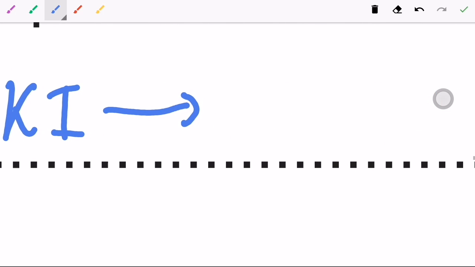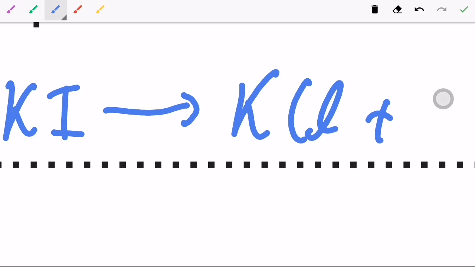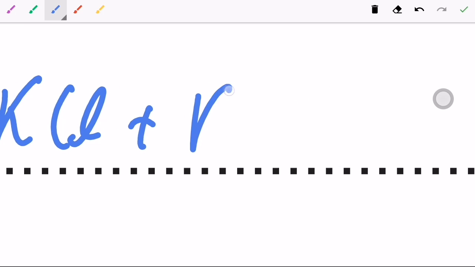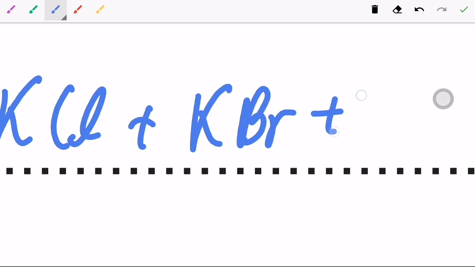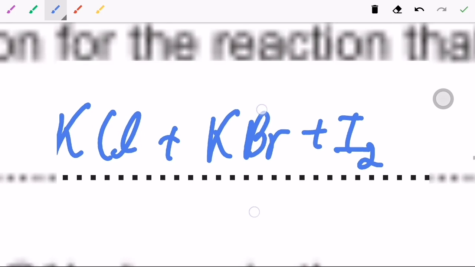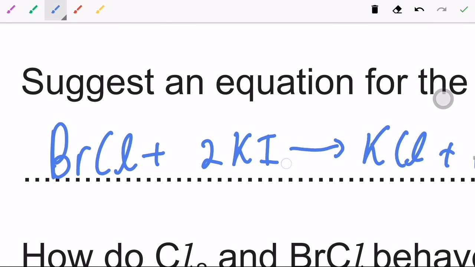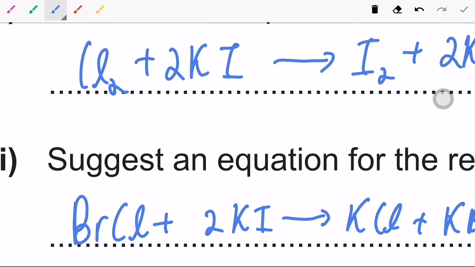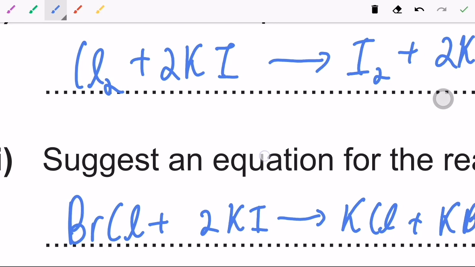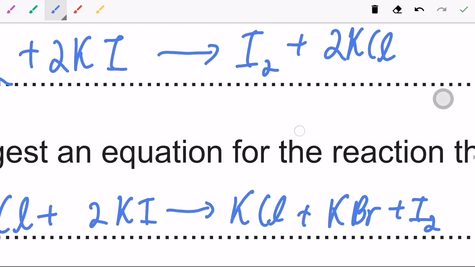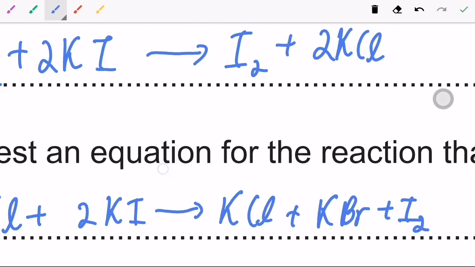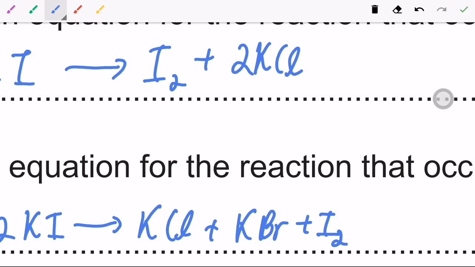You've got KCl and KBr, and you've got iodine coming out. It's almost like there's a Cl-Cl here, and here you have a BrCl. So you've got to replace everything you see with one Cl with one Br. There's one Cl here, so it's like KCl plus KCl, and you need to make it KCl plus KBr.